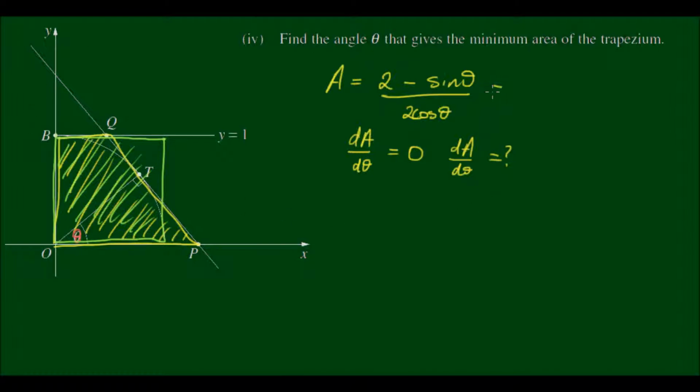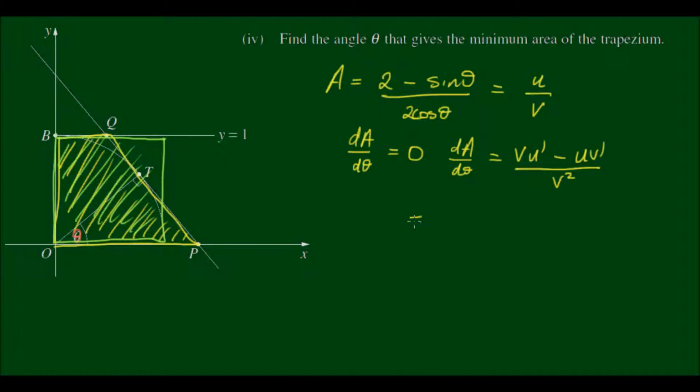Well, we here have a quotient rule problem where let's give the top part of the quotient here u, and the bottom part of the quotient here we'll call v. So the quotient rule goes vu prime minus u v prime on v squared is equal to the differentiation of u divided by v.